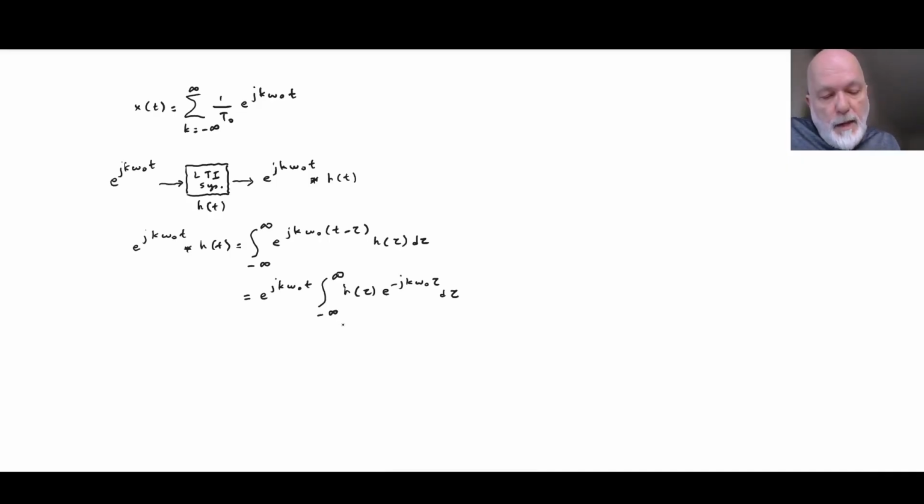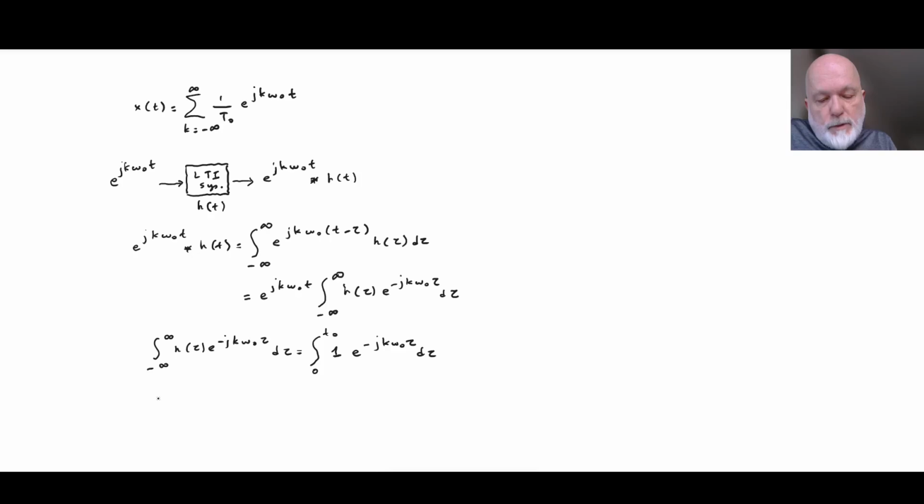So, let us look at this integral separately from minus infinity to plus infinity. h of tau e to minus jk omega 0 tau integrated with respect to tau is, now h of tau is equal to 1 only over the interval from 0 to t0. Outside that interval, it is equal to 0. Therefore, we have this simple integral.